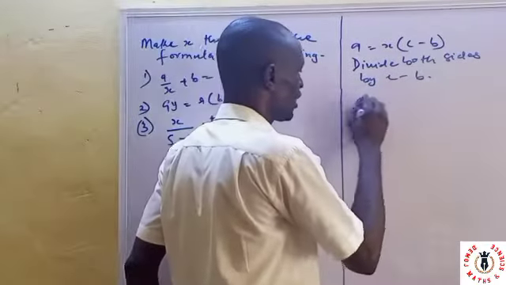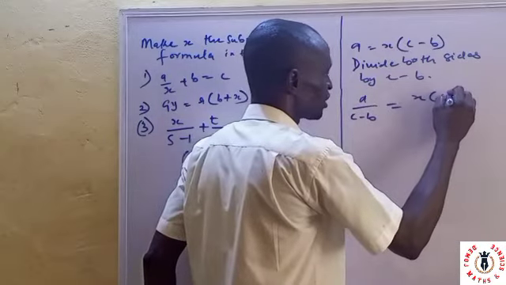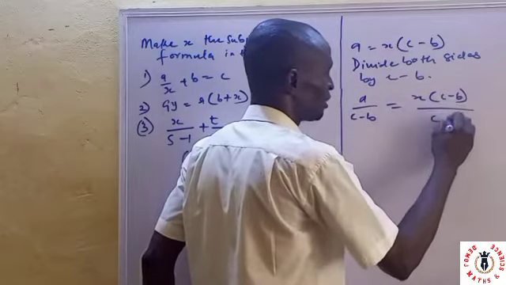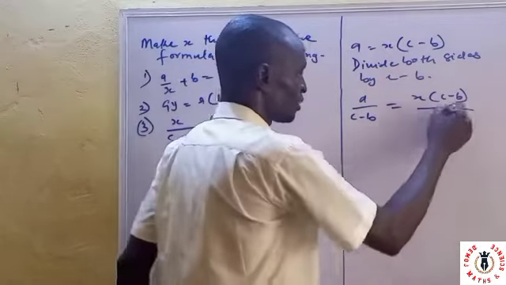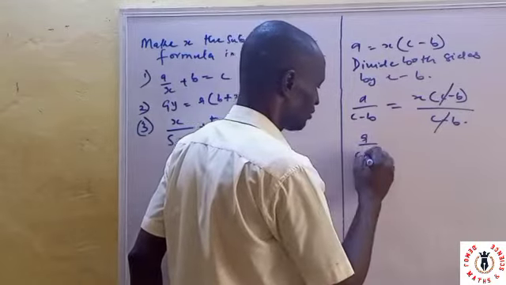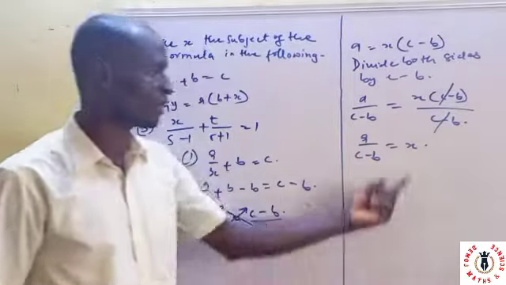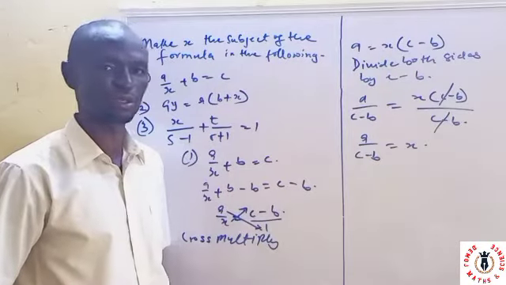So that it becomes a over c minus b equals x into c minus b over c minus b. C minus b cancels c minus b. A over c minus b is equal to what? X. With this, I've made my x the subject of the what? Formula.